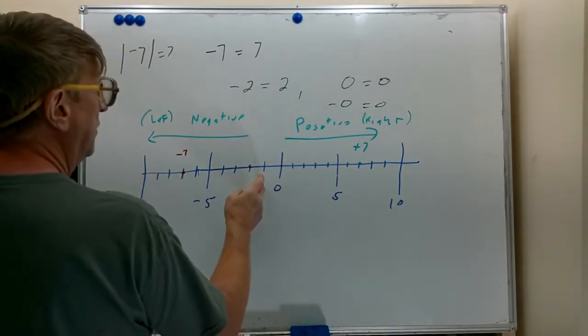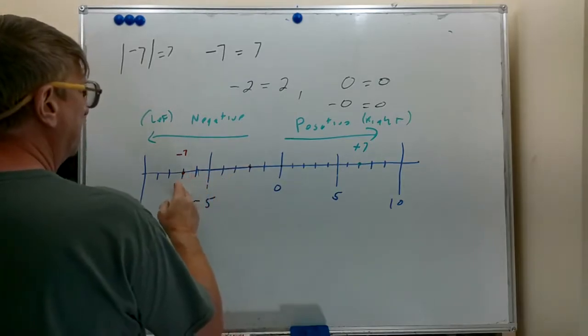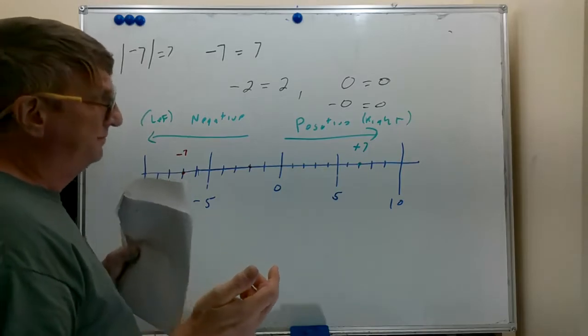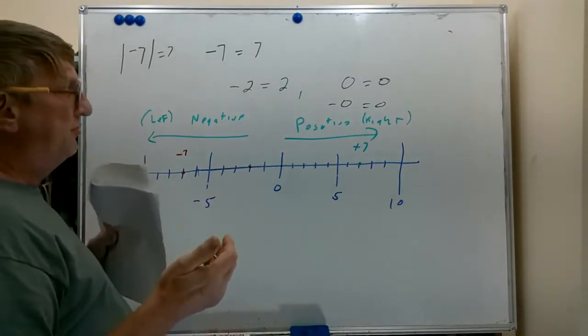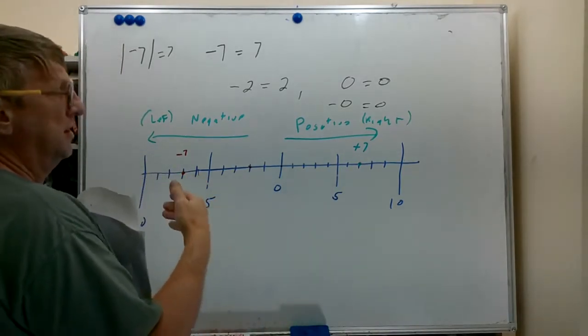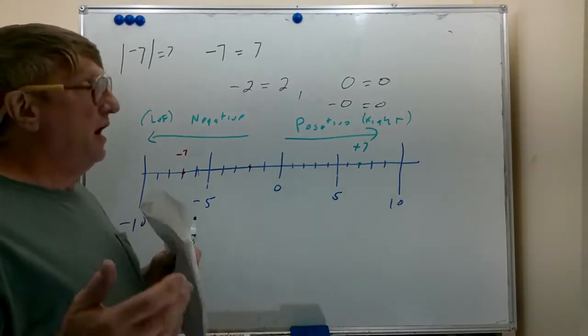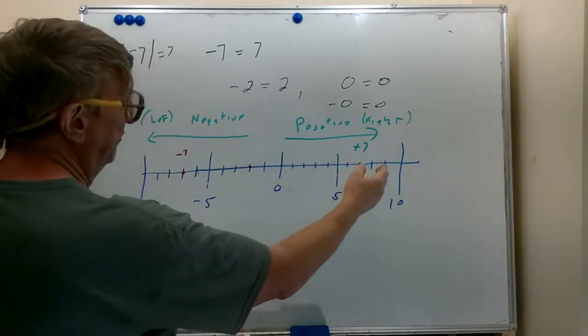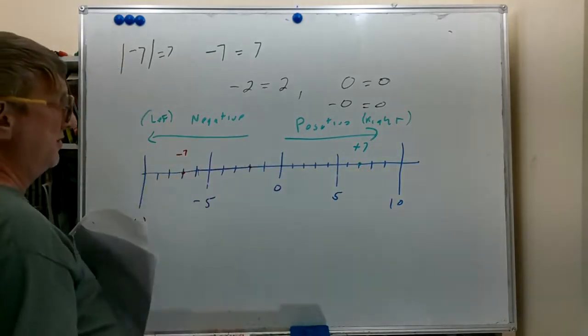And 1, 2, 3, 4, 5, 6, 7. -7 is 7 units from 0. So the absolute value just takes into account how far from 0 that number is. And you'll notice that the positive was to the left, the negative indicated to the right.